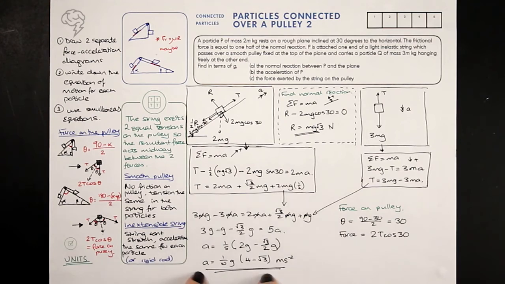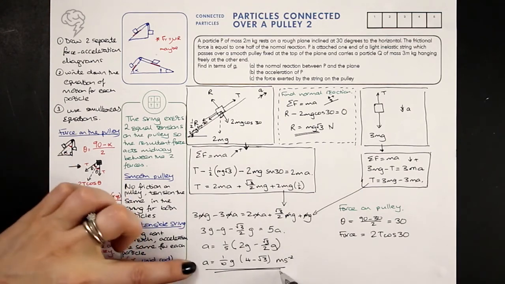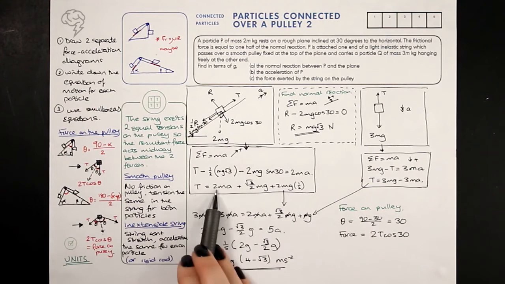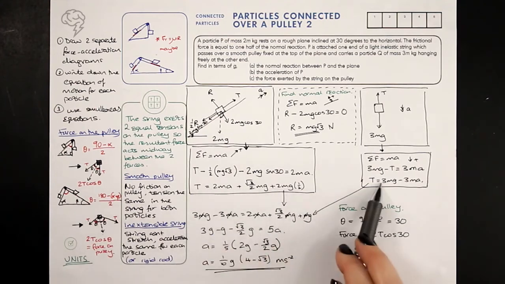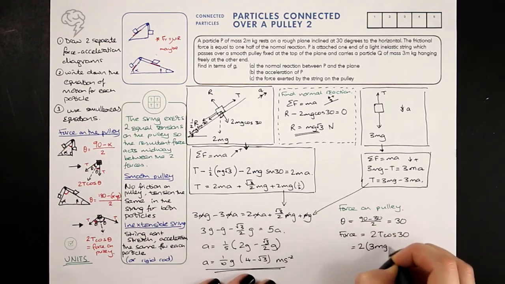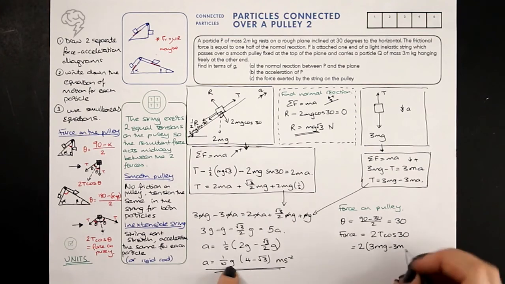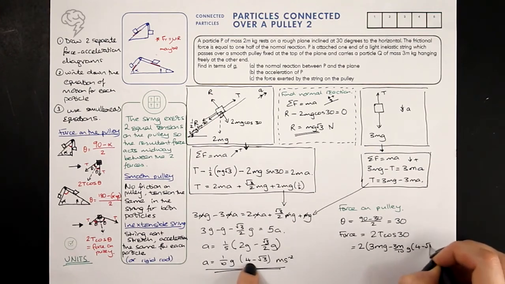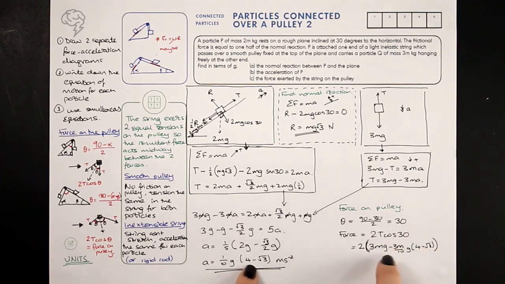But if you've done simultaneous equations and you found one of the things, then you can find the other thing. Shall we sub a in here or shall we sub a in here? I think we'll sub a in this one. I think it's easier. So this is going to equal 2T. There's a now. Two T and then cos 30.